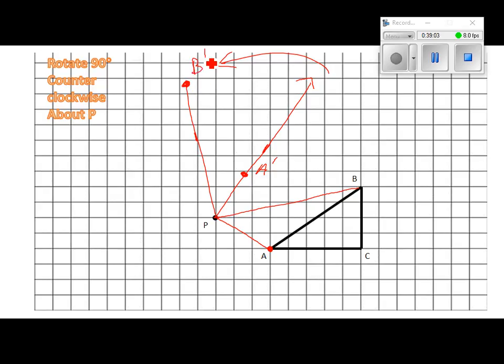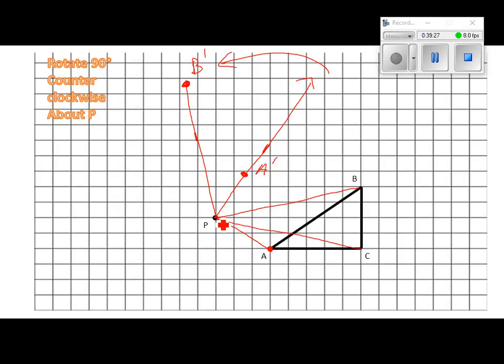Now hopefully yours, since you have a ruler and you're using it to make your lines straight, and I'm not, I'm just drawing them, might look a little better than mine. Guess what you're going to do with C? Same thing. Connect C to P. Come off of that one.